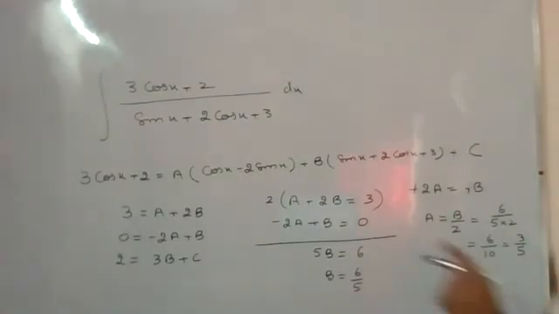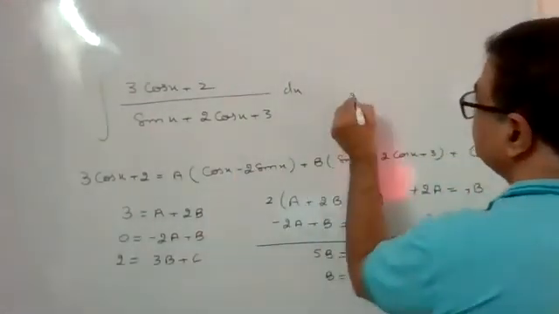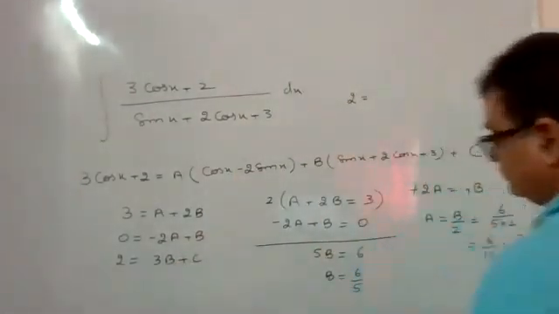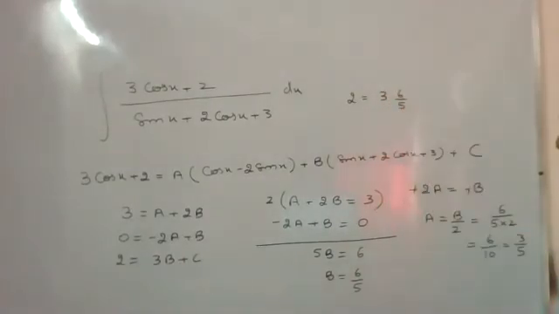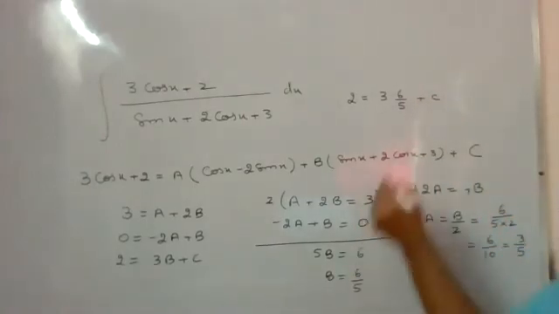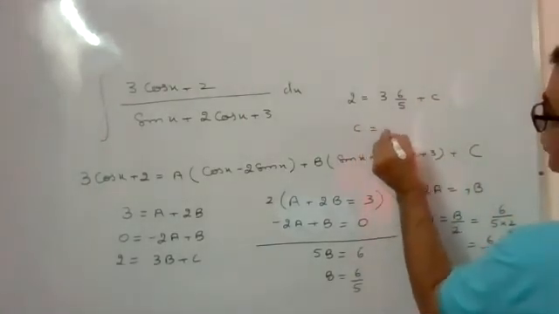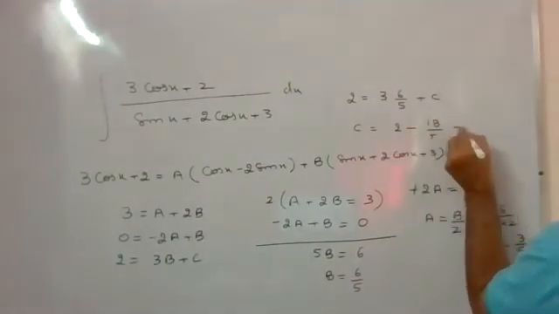And then A and B known, now C can be calculated, B is already known. Three times 6 by 5 plus C. Then what C comes out to be 2 minus 6 3s are 18 by 5.